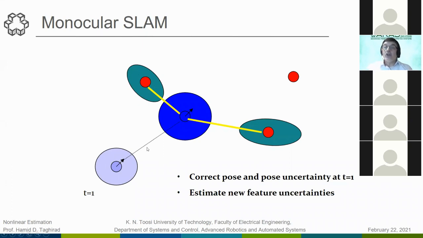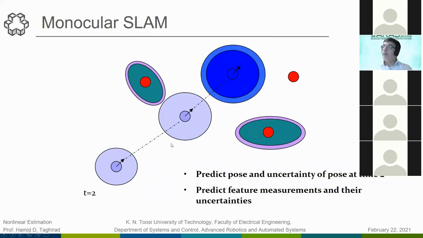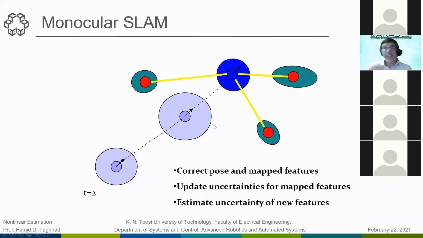Then we move again. We go about one more time and then again see the same points. And then we shrink the uncertainties here, as you see, because we have seen them before and we are seeing them again. By using some sort of statistical approach, a Bayesian approach here, we can reduce the covariance matrices. Now we know them better, and then we can move around.